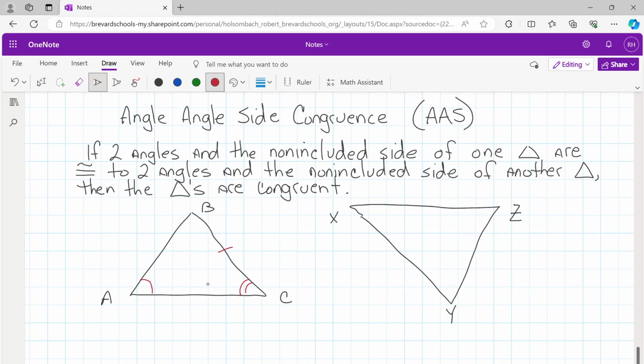That's an example of angle, angle, side. The side is called non-included because it's not touching both of the angles. So we go angle, angle, non-included side, congruent to. If I start up here at X, I go angle, angle, non-included side. Okay? Angle, angle, side. We're talking about a non-included side. The side is not touching both of the congruent angles.